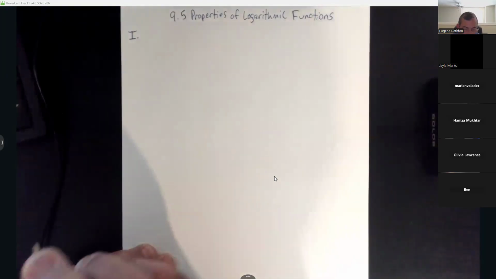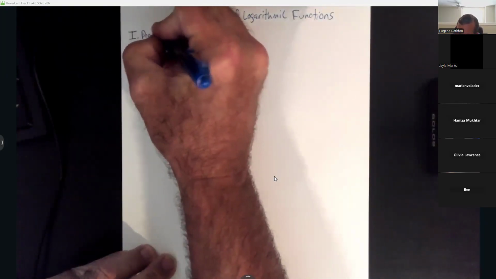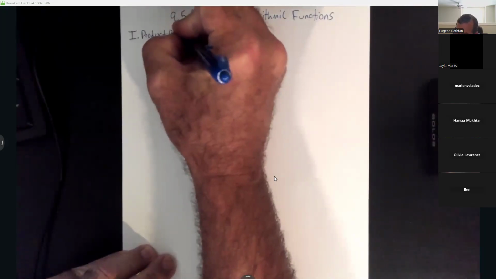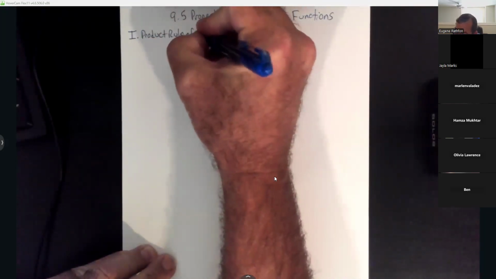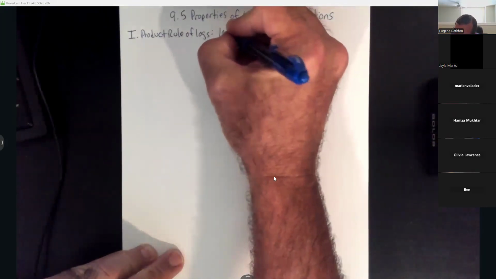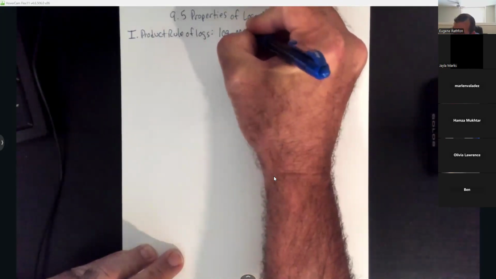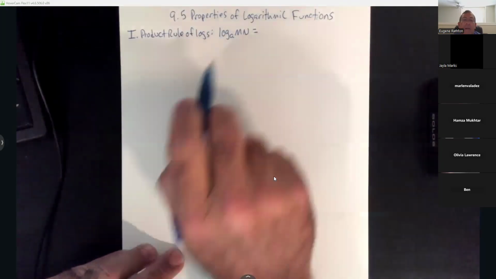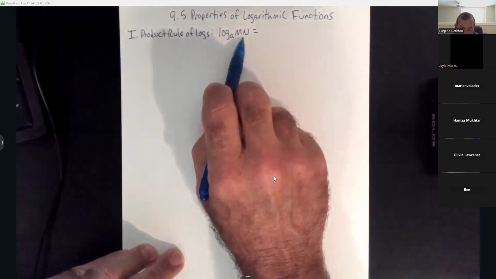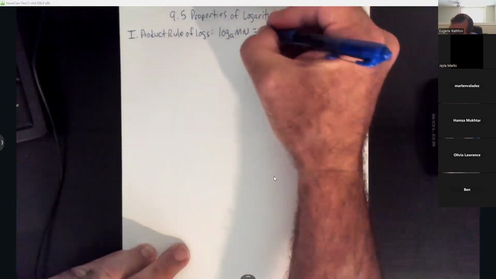All right, so the first property is the product rule of logs. The product rule says if I got a product, like the log base A of M times N, so I got a product being multiplied, I can rewrite that as a sum of the logs.